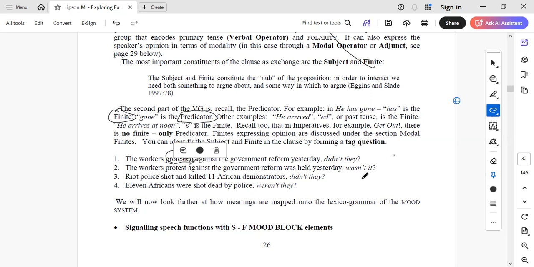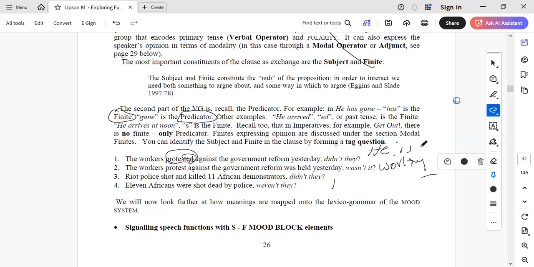Sometimes what happens, for example, if I say he is working, so if I write he is working, right? Now, what is happening here? Here we do have the finite and this predicator. We can see them separately.